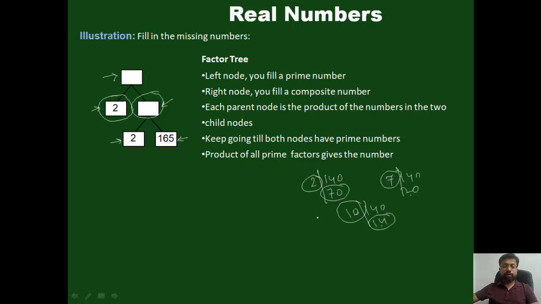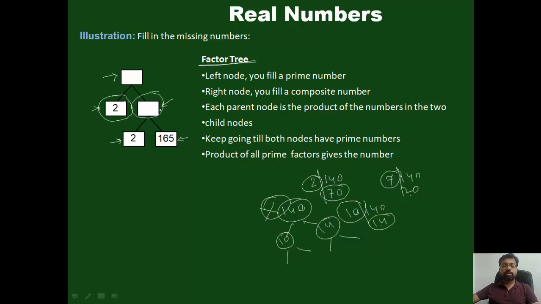So you cannot have a factor tree for 140 with 10 here and 14 here and then go on splitting these two as well. This is going to be wrong. The main thing that we have to address in a factor tree is that the left node always has to have a prime number. The right node should have a composite number, or a prime number when the factor tree ends.